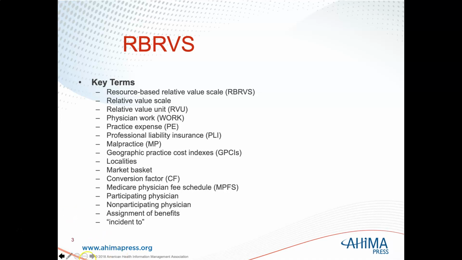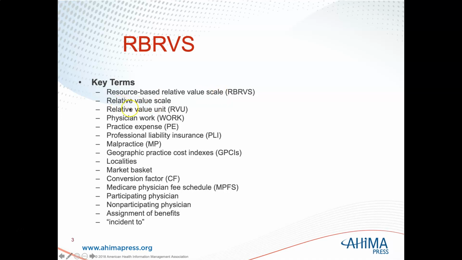Right away, they give us these terms, and these are ones that you're going to want to make sure that you study this week. So dig out flashcards, use Quizlet, make notes, whatever helps you, but these are key terms you're going to definitely need to know, specifically when you're talking about RBRVS. So you've got RBRVS, the resource-based relative value scale.